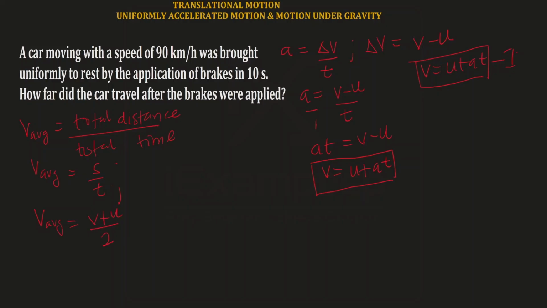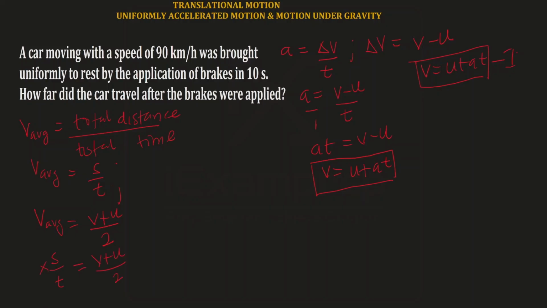So if average speed is equal to S over T, and average speed is also equal to (V plus U) over 2, let's equate the two expressions. So we can say S over T equals (V plus U) over 2.